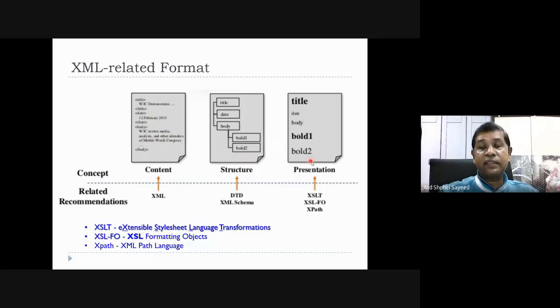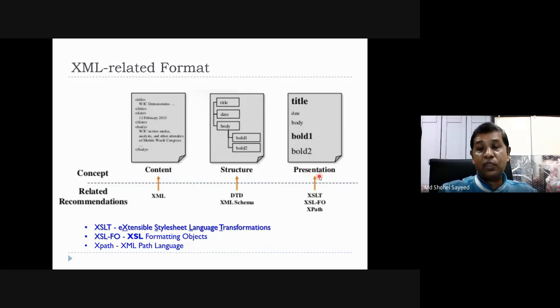And the third one is representation. How you are going to present your XML documents, how they will look once you want to present them, or give the output from these XML documents.